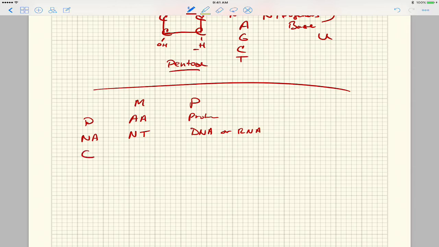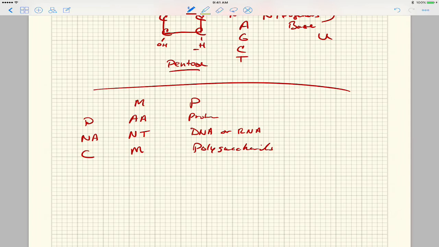If we're talking carbohydrates, the monomer are monosaccharides like the hexose sugars, glucose, fructose, or galactose, or the pentose sugars like ribose or deoxyribose, and then the polymers would be polysaccharides like starch, glycogen, or cellulose.